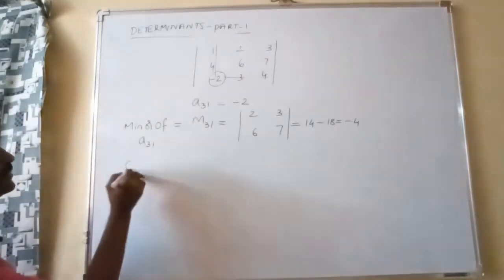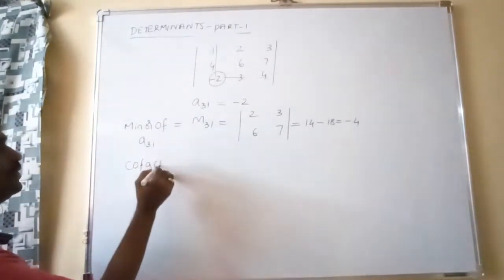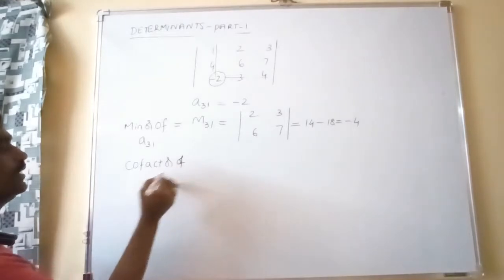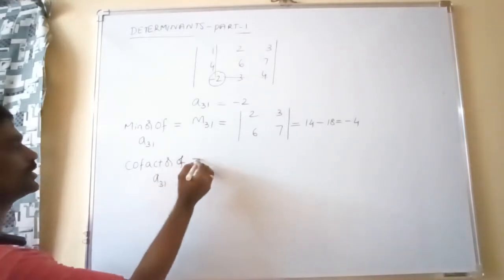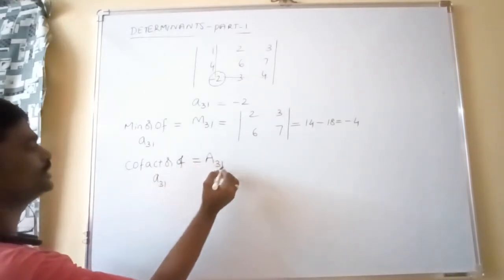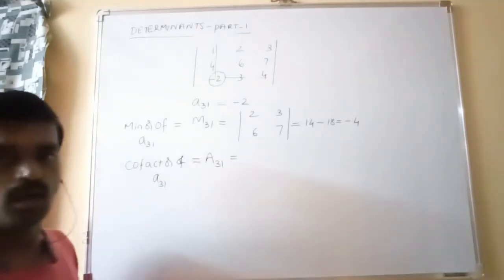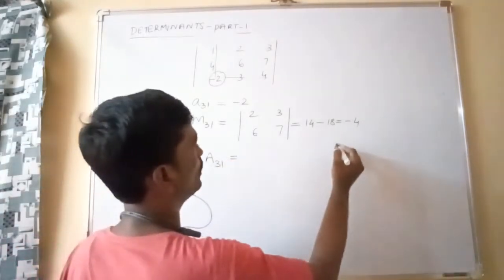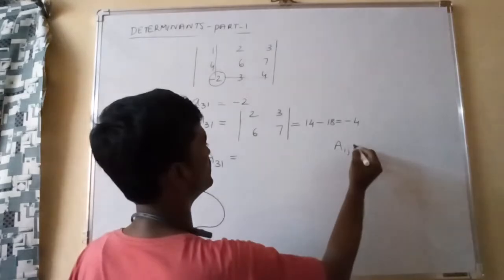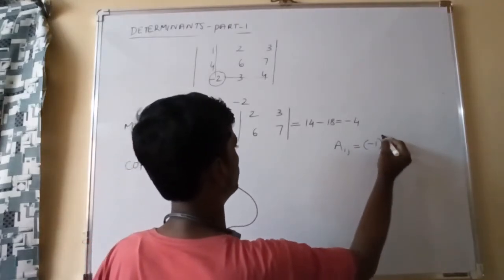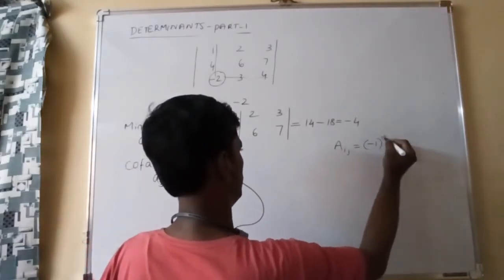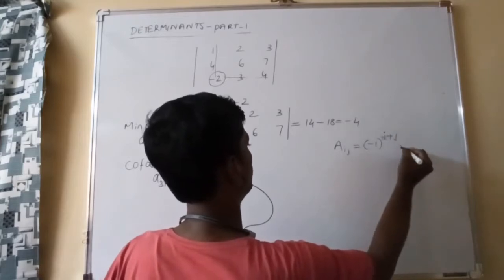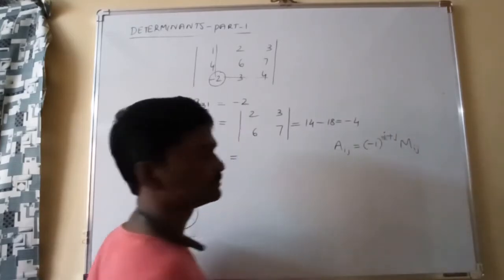And how about the cofactor? What is a cofactor? The cofactor of small a31 is denoted by capital A31. And how can we obtain it? The cofactor of Aij is equal to minus 1 power i plus j into the minor of the element.